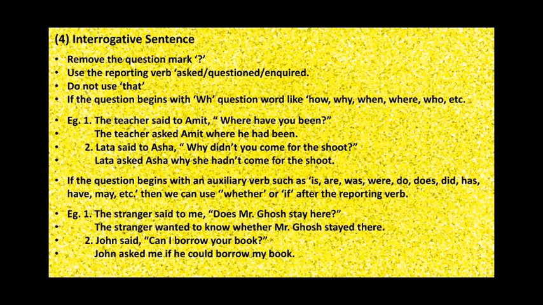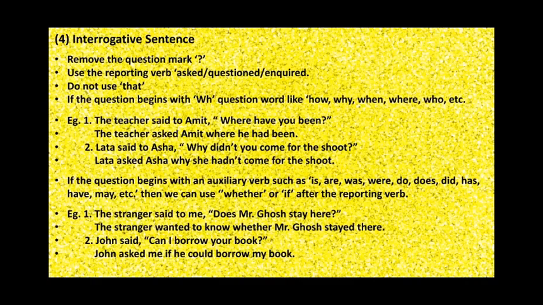Let's see the examples. The teacher said to Amit, "Where have you been?" Here we have where, that is a WH question. It can be changed into an indirect speech like, the teacher asked Amit where he had been.